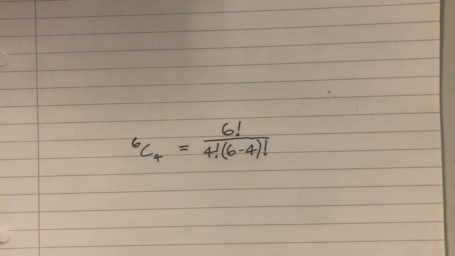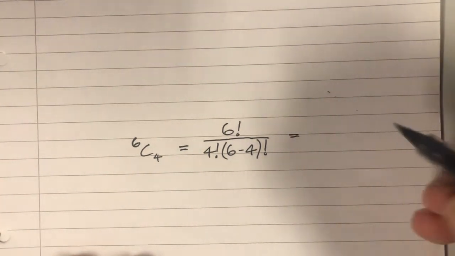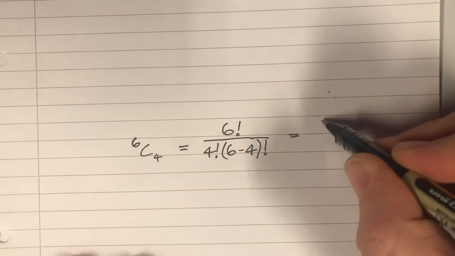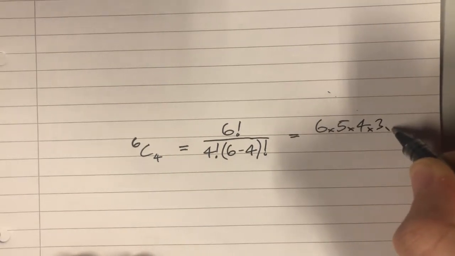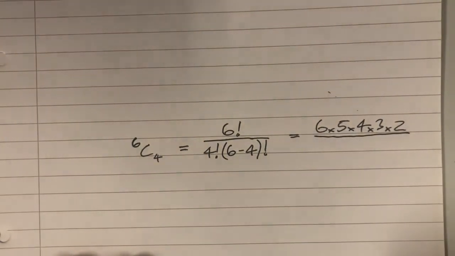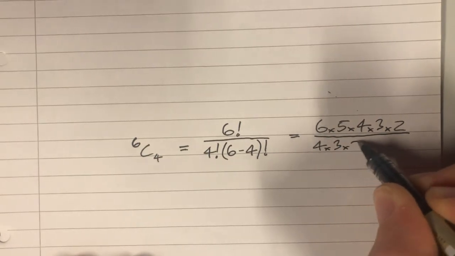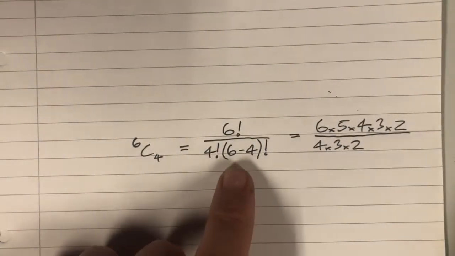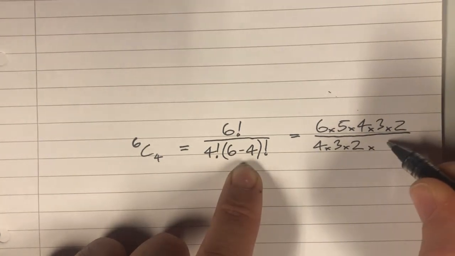Okay, that's just me plugging n and r into the formula which I just wrote on the previous page. 6 factorial, well, that's going to be 6 times 5 times 4 times 3 times 2 times 1, but the 1 obviously doesn't change anything. 4 factorial is 4 times 3 times 2, again times 1, but doesn't do anything. 6 minus 4 is 2, and 2 factorial is 2.